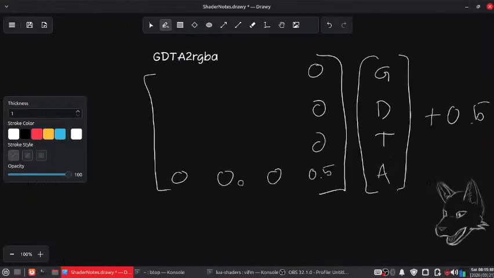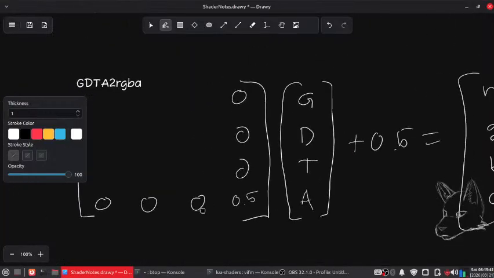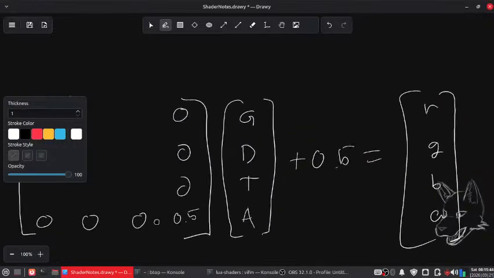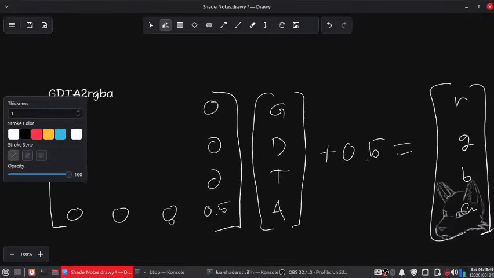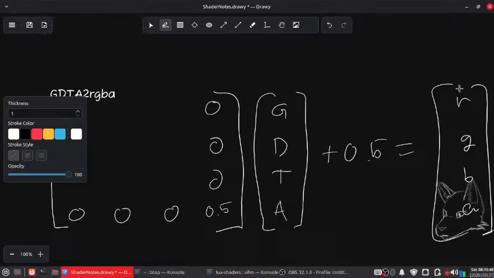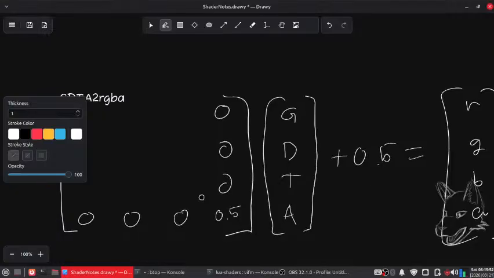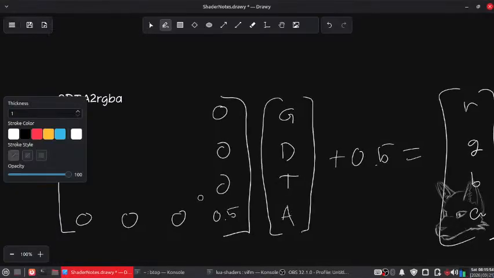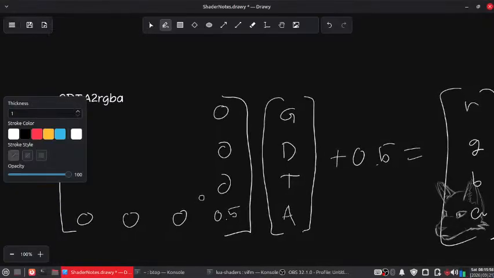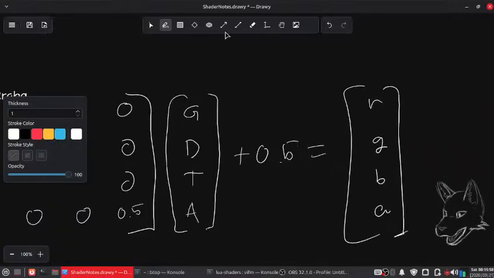So what is gradient in this color space? What is gradient in RGBA? Oh, it's not +0.5, it's -0.5.